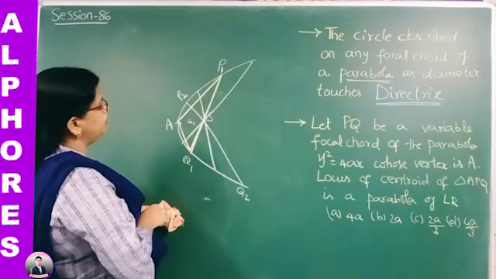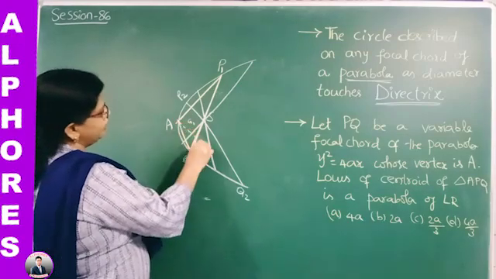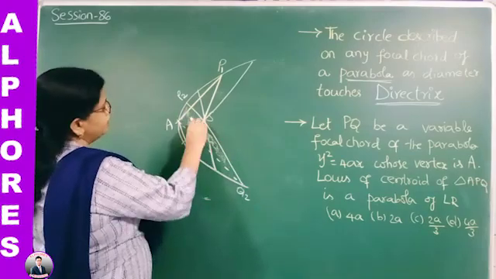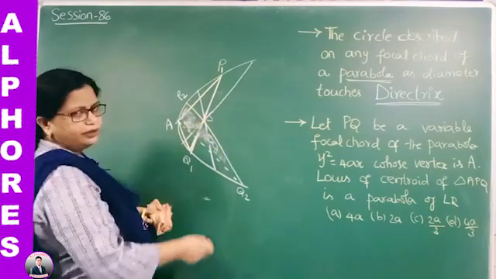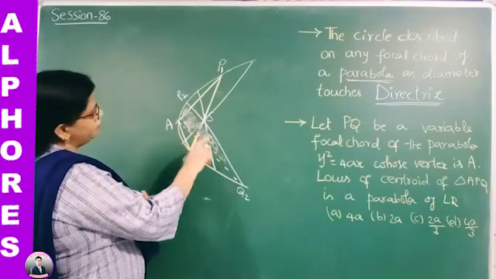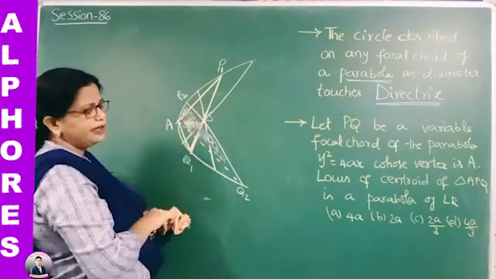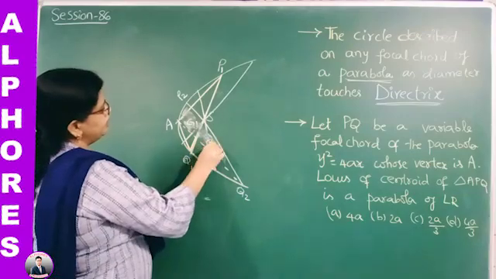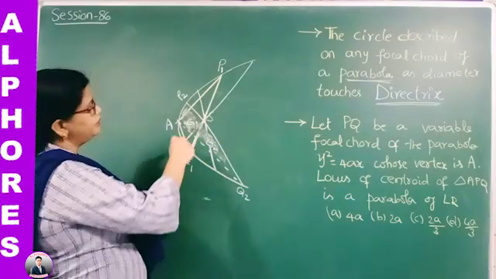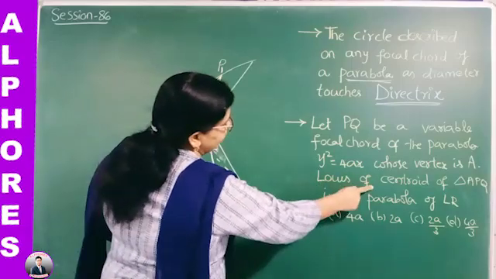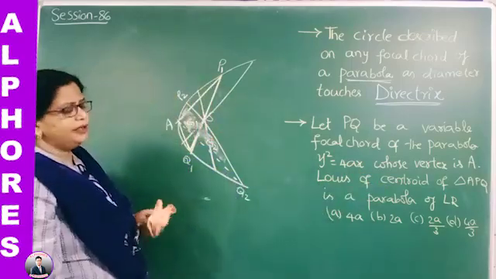Again I am taking the triangle, joining these, so this is the other triangle, and for this triangle again you can find the centroid. For this one the centroid is G1 and for this one the centroid is G2. Like that you get centroids, and they are asking about the locus of the centroids of triangle APQ.